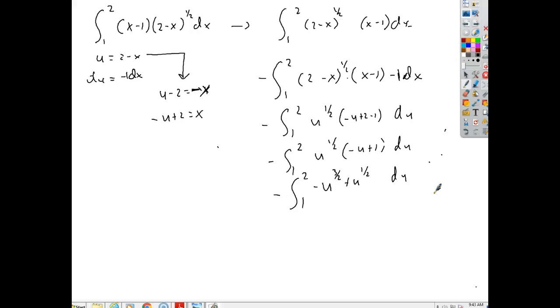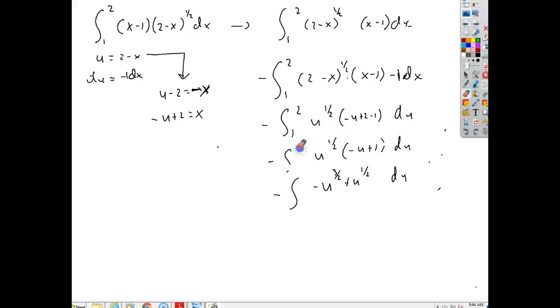Once I do that, then I got to hope that this thing resolves itself in a way that I can actually take the integral anyways. Because remember, as long as there are two things multiplied, I'm dead. I can't do it. But sometimes, if you're lucky, you get a situation where you can distribute or something like that. Okay? All right?